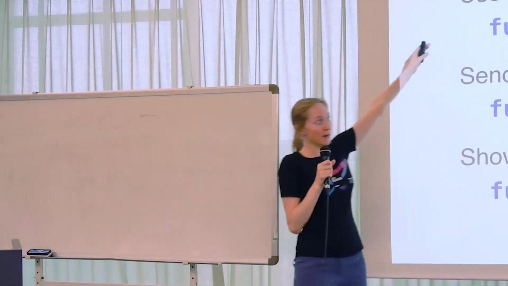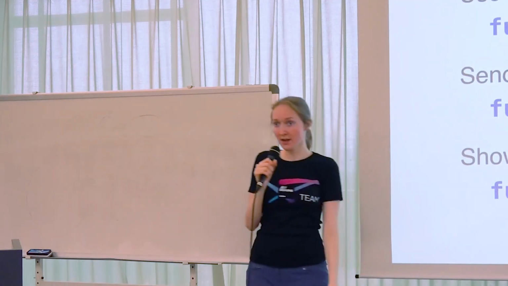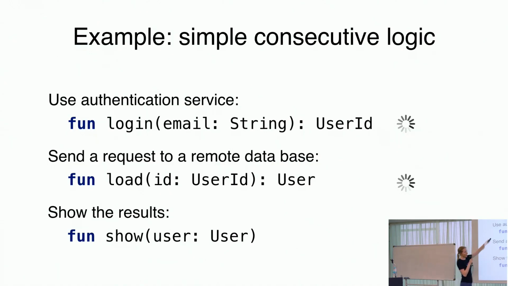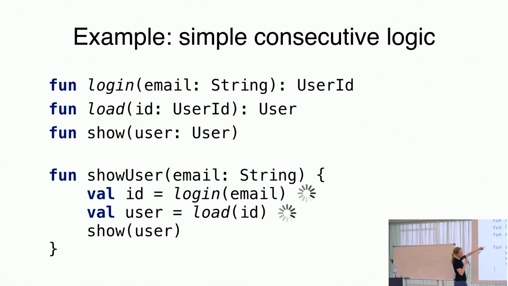Here, these two operations, because they require remote services or a network connection, can block our user. So they are possibly time-consuming operations, and we need to think carefully when we write code that works with them. We can just write this code line by line: first authentication, then the remote request, then showing the results.